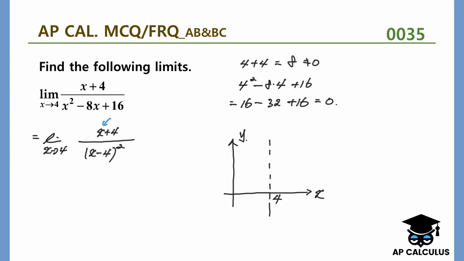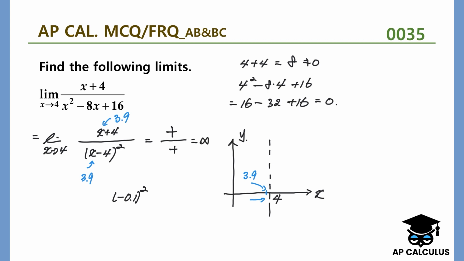Let's say as x approaches 4 from left hand side, x is 3.9. If x is 3.9, this value is 7.9, which is positive. In the denominator, 3.9 minus 4 is negative 0.1, but it's squared, so that's positive 0.01. Positive over positive is positive.